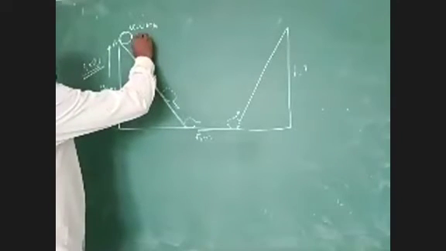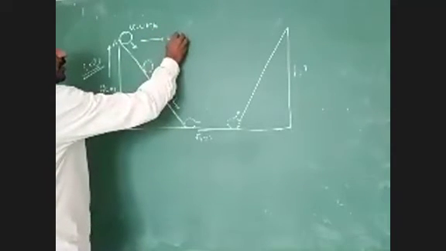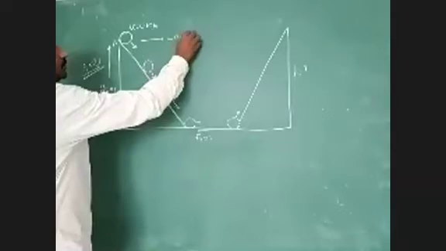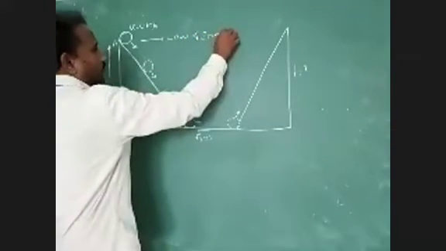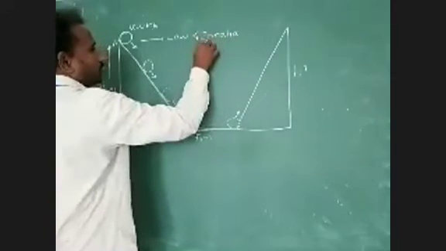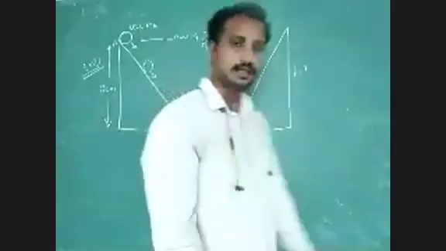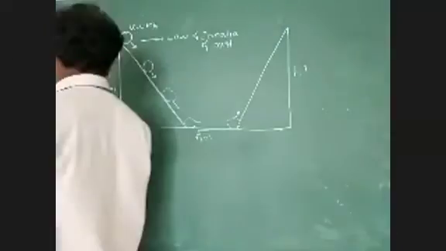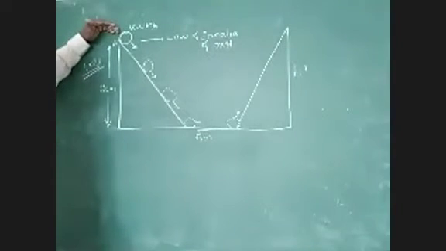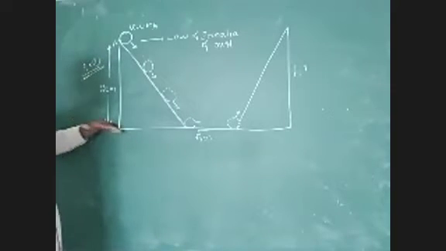In this condition, we have to apply the law of inertia of rest. What is the position of the object? We consider the position of the object 20 meters of height with respect to ground.